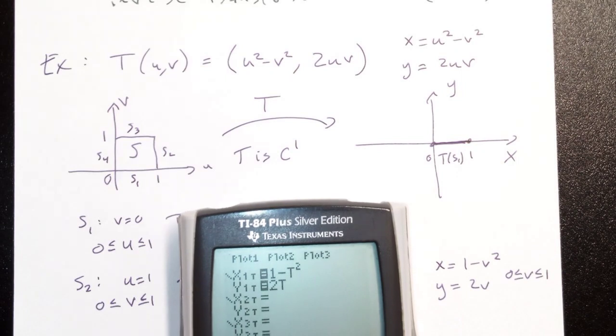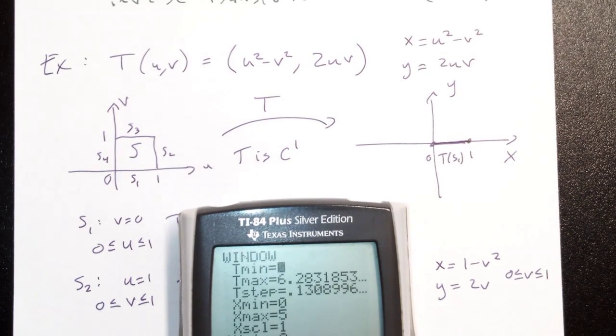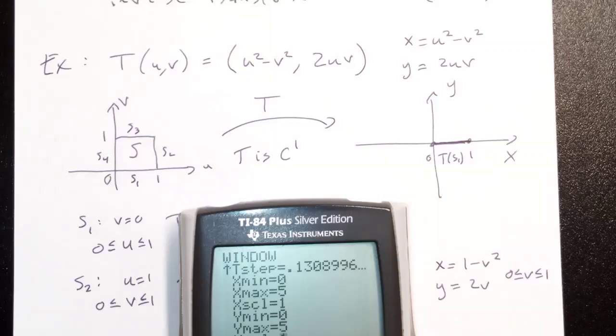1 minus t squared and 2t. Now I go to my window and I want t to go from 0 to 1. And then I can draw this picture. I'm going to set up a small window because I don't think these are going to get very big. Because remember, y is always going to be less than 2, and x is going to start at 1 and then get smaller.